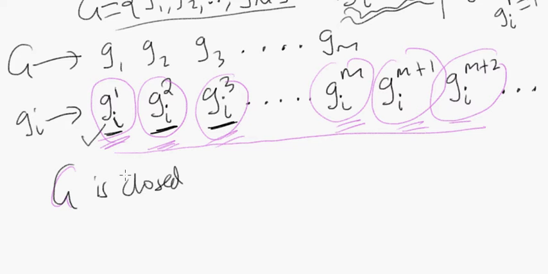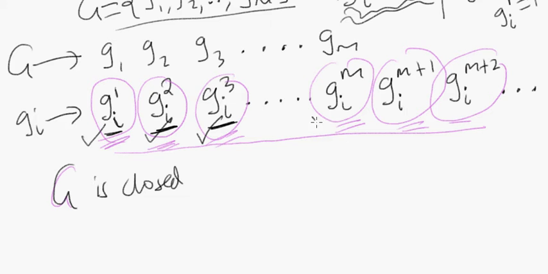Okay. g sub I is an element of the group. Should g sub I times g sub I, otherwise known as g sub I squared, be an element of the group? Alright. Suppose that's an element of the group. g sub I cubed. Well, if g sub I is an element of the group, and g is really a group, isn't g sub I cubed also an element of the group?